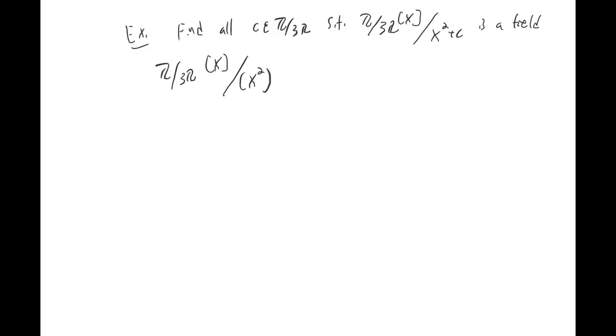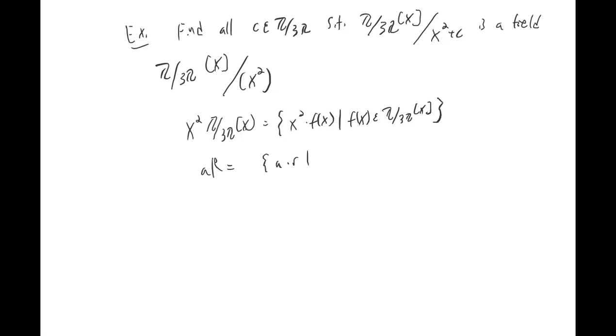Is everyone clear what I mean by x squared in parentheses? By this, I mean the set of x squared times f(x) such that f(x) is in Z mod 3Z of x. Like what I wrote before, AR is the set of A times r such that r is in R. It's the exact same thing, except in this case, R is this thing.